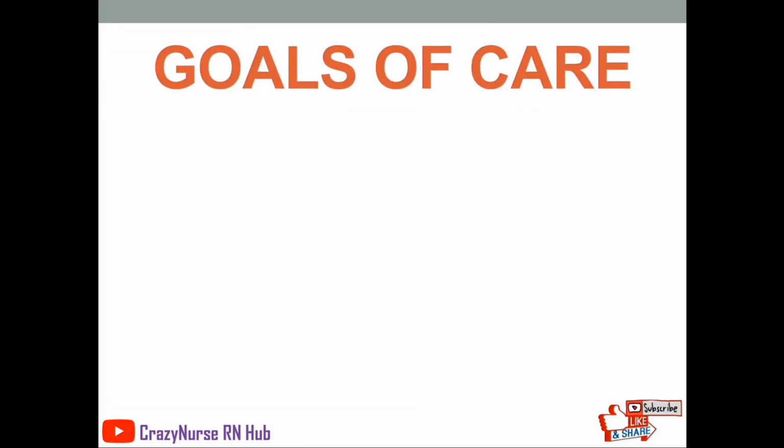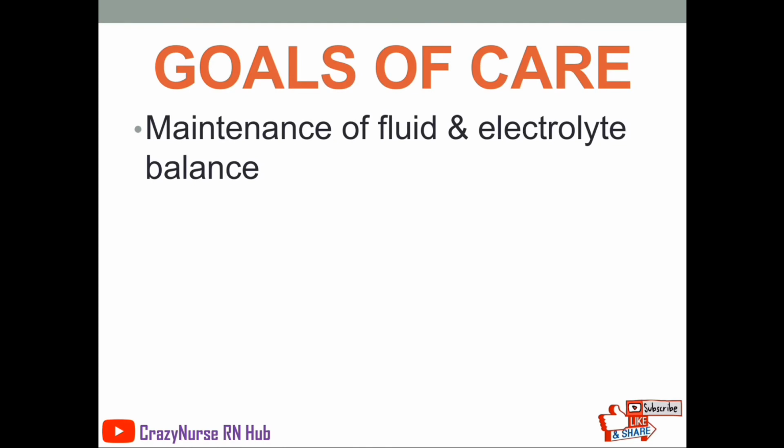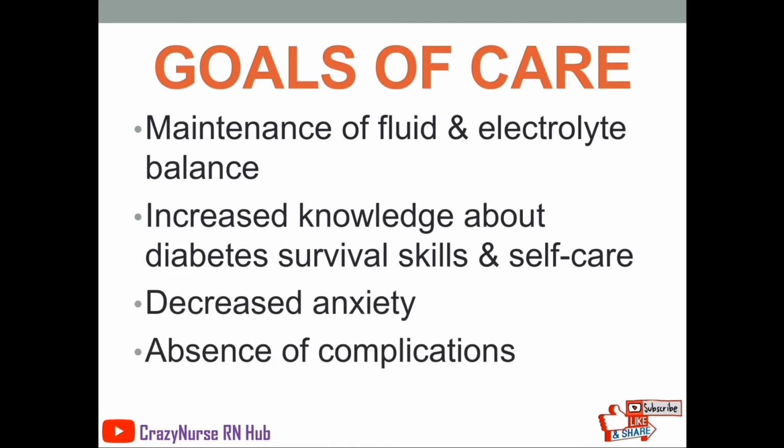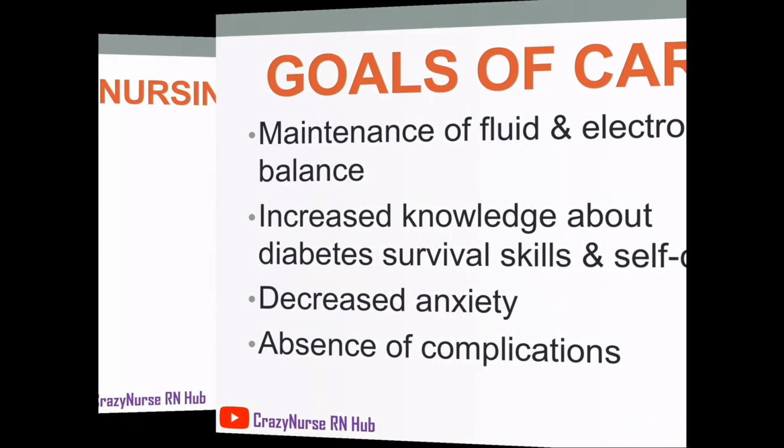For the goals of care, the major goals for the treatment may include maintenance of fluid and electrolyte balance, increased knowledge about diabetes survival skills and self-care, decreased anxiety, and absence of complications.